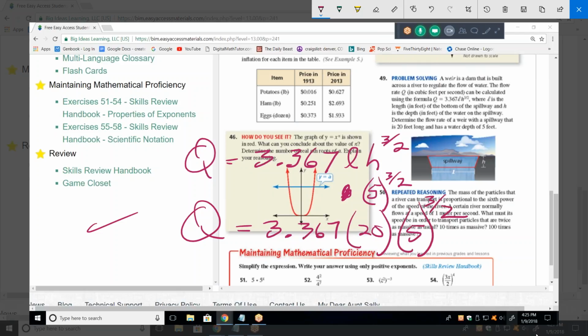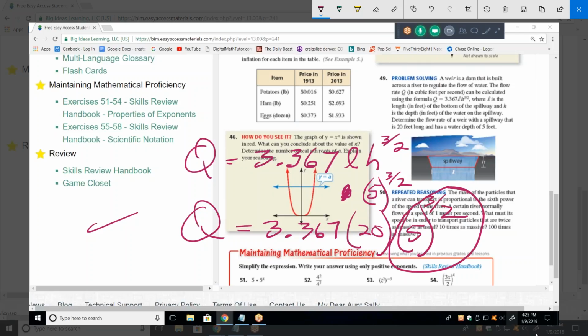If I'm doing this problem on a TI-84, I do that first, come up with a number, multiply it by 20, and then multiply that by 3.367. If I'm doing it on an Inspire, then I can just type 3.367 times 20 times 5 to the 3/2 power and be perfectly certain that it's going to put it in the way I want it in. That's the difference in the two calculators.